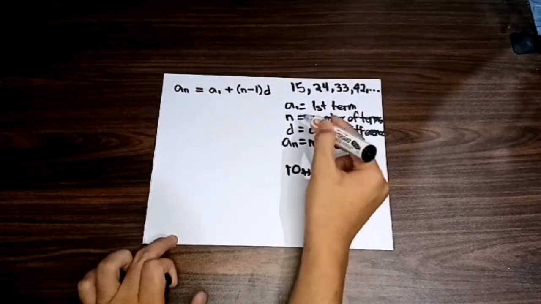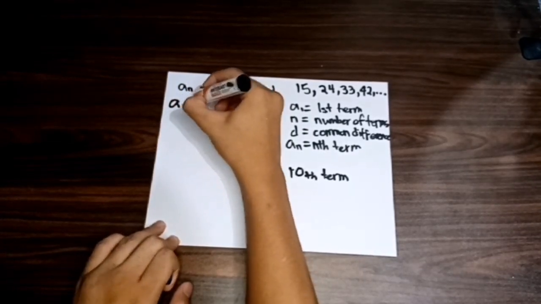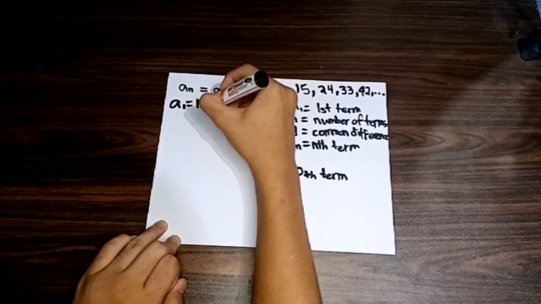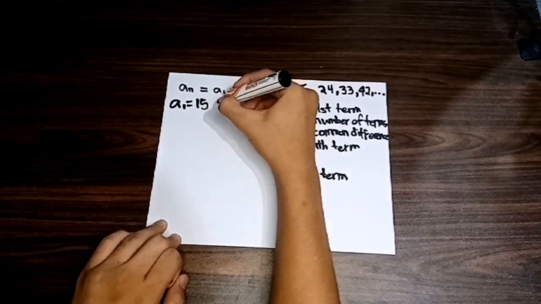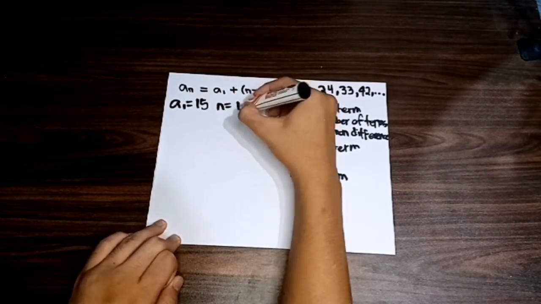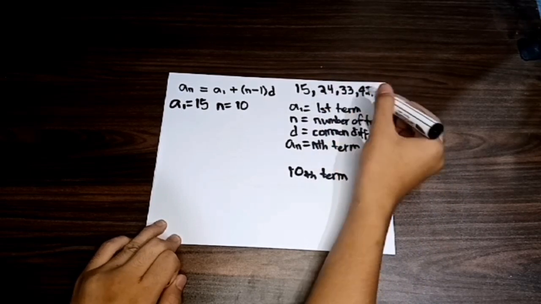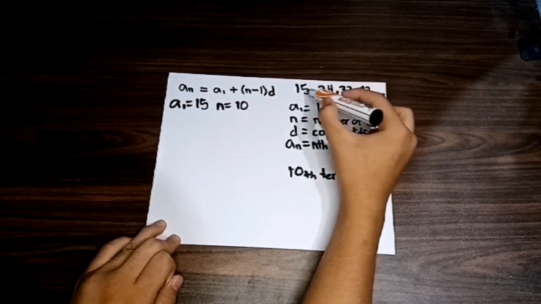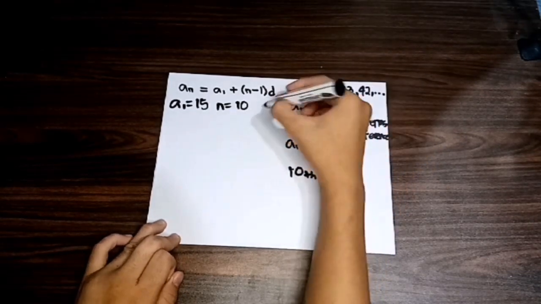To find the 10th term of the sequence, let's first identify a sub 1, which is 15, the number of terms, which is 10, and the common difference, which can be obtained from the sequence.